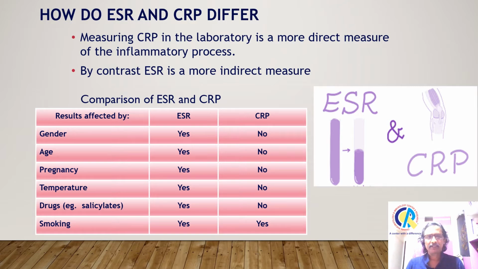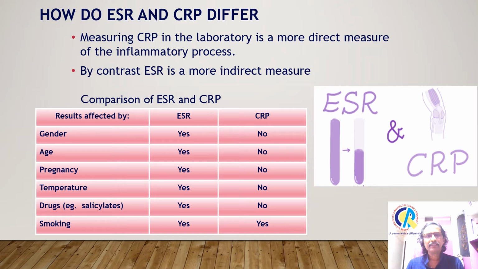C-reactive protein is measured from the serum of the patient, and one of the biggest advantages is that we can store the serum; it is not necessary to assess it immediately or within a few hours.